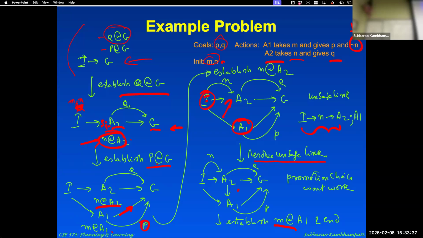If you do progression, you could have considered either beginning with A2 or beginning with A1, and one has to fail before you try the other one. That is the least commitment you're doing here. You are not considering the ordering at all. You're allowing for positions to be not fixed, and the positions can be relatively rearranged so that there is no failure. And we didn't have to check G because that's necessarily after. Exactly. A2 is necessarily after. Thank you.